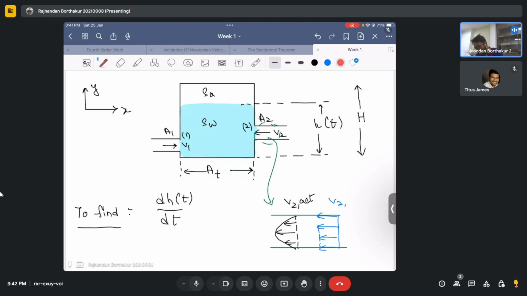In this case, the control volume that we'll be choosing is this volume of water that is essentially rising in the tank. And this is precisely my control volume.